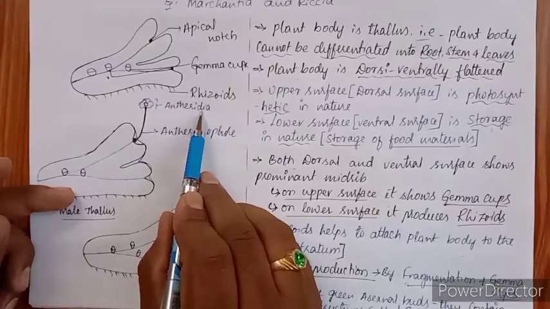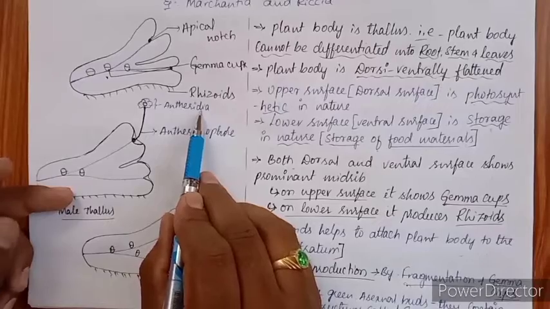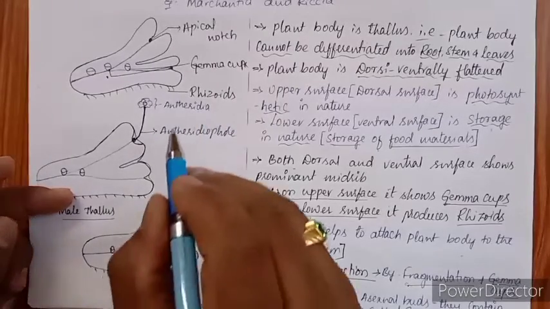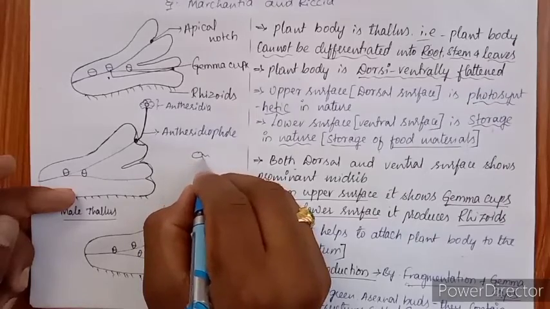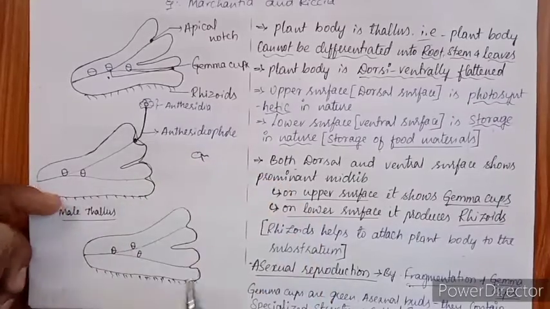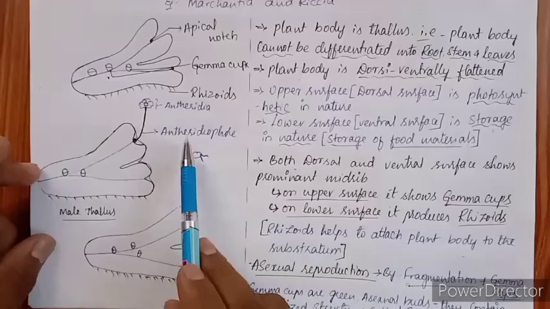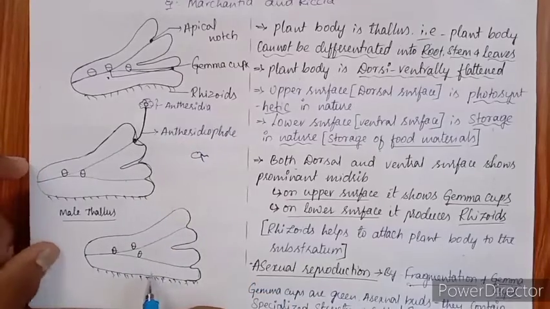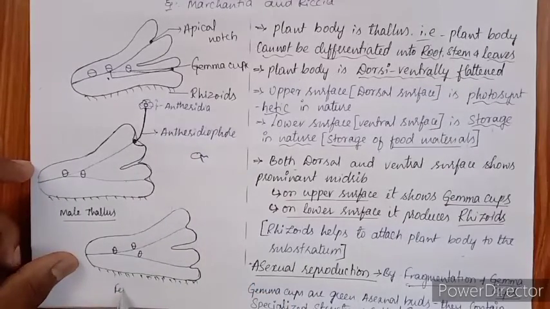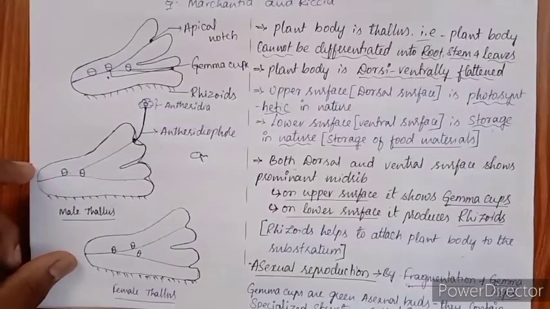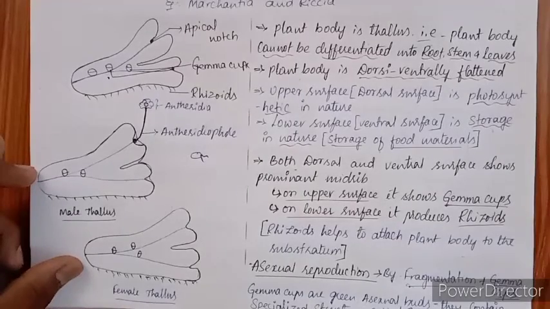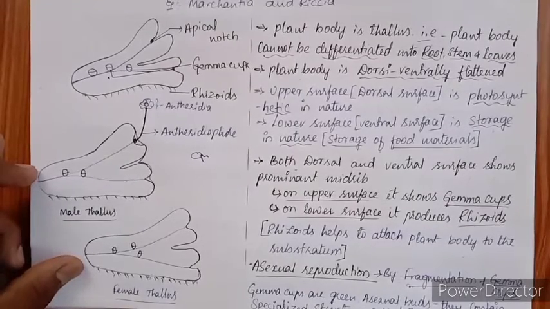Antheridia is the male reproductive structure which produces the male gamete. The male gametes are called biflagellated antherozoids. And this is the female thallus. That is what I told previously: the plant body is sexually dimorphic or dioecious.